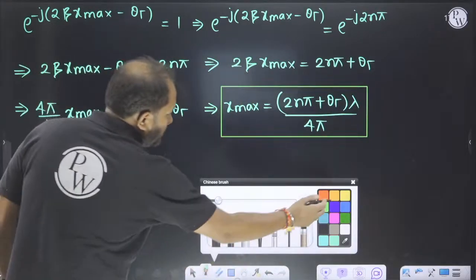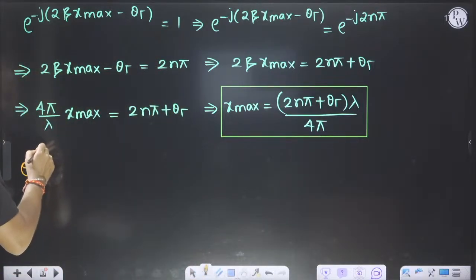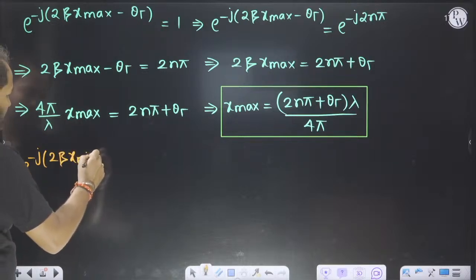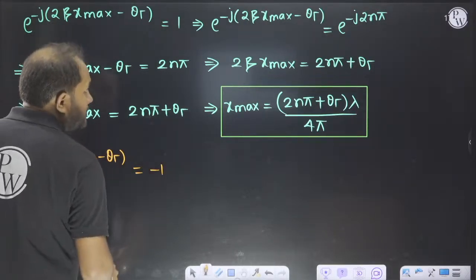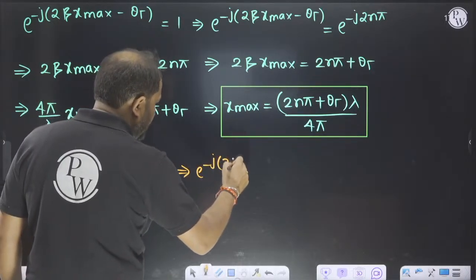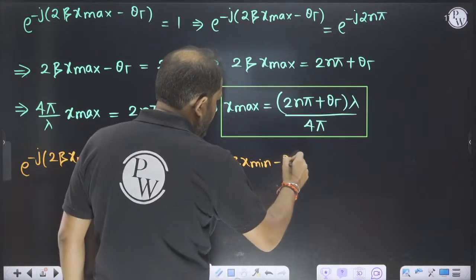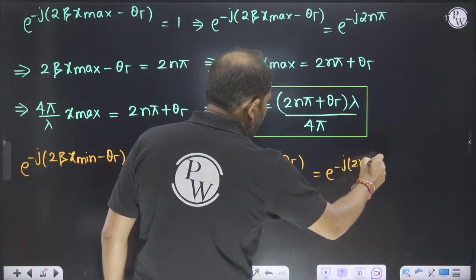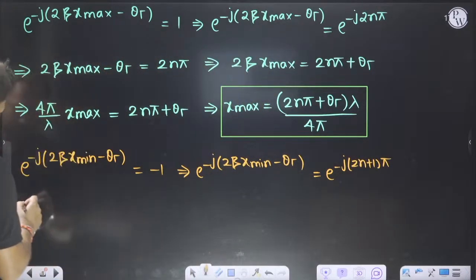Then we have x min. e to the power minus j(2 beta x min minus theta gamma) is equal to minus 1, so it should be an odd multiple of pi.